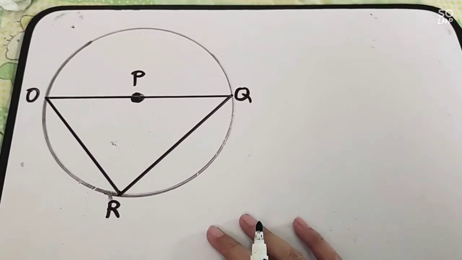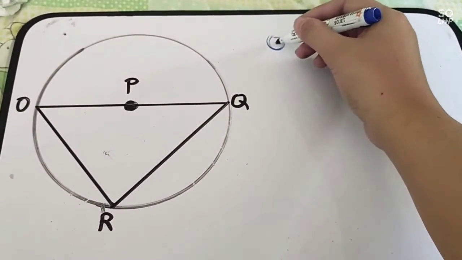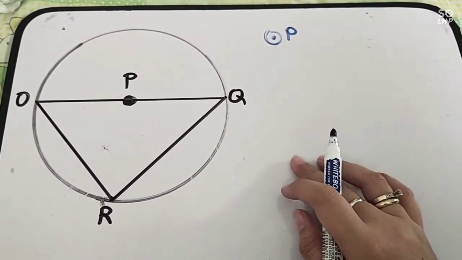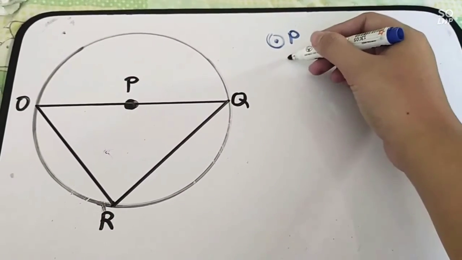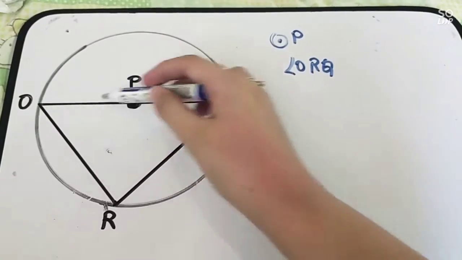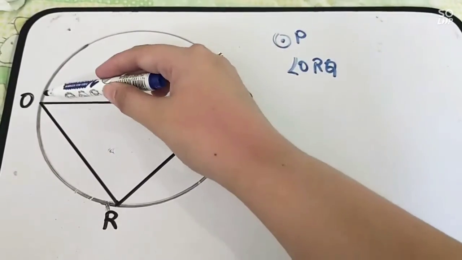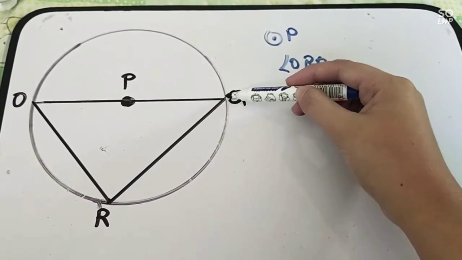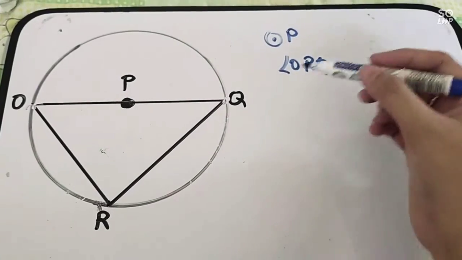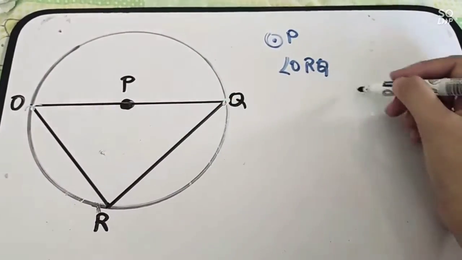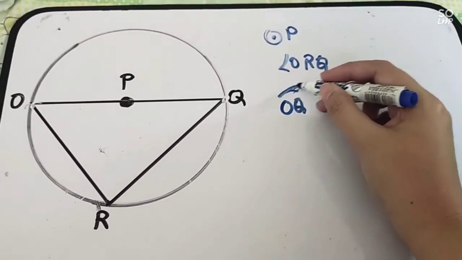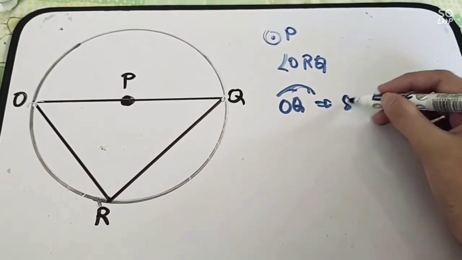Example here, we have a circle P. In this circle, as you can see, meron tayong inscribed angle na si angle ORQ, and it is inscribed in the semicircle. Bakit semicircle? Dumaan siya dun sa diameter. Ang diameter natin ay si OQ.